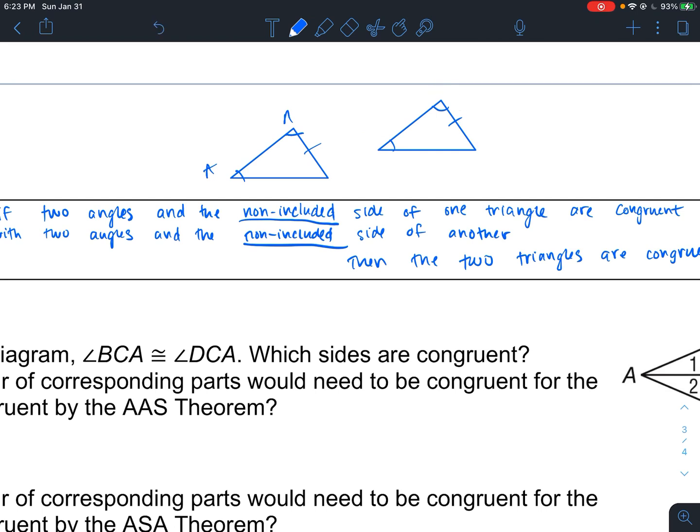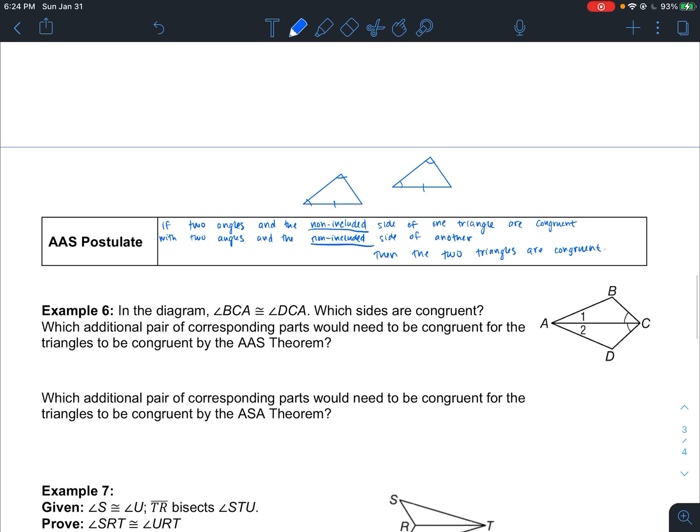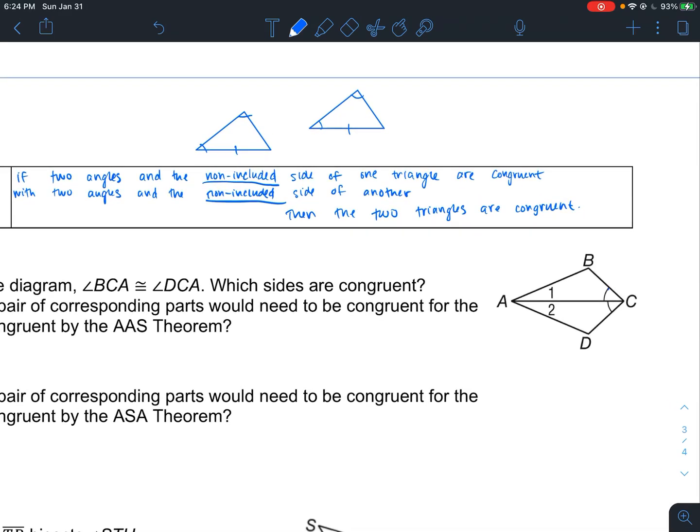Or you could have these two angles and this side right here, which is the non-included side, as long as it's not the included side. But in any case, this theorem states that if you have two triangles, and they have congruent angles, and the non-included side of those two angles, if these are congruent, then the two triangles are congruent. So in this diagram, angle BCA is congruent with angle DCA.